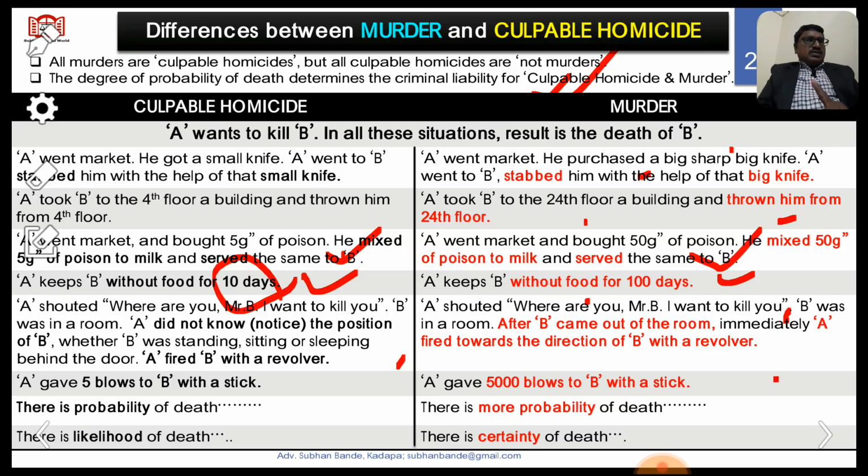If a person doesn't provide food to another person for 100 days, then there is a certainty of death of the other person. The other person certainly dies of starvation. At this point, the number of days Mr. A keeps Mr. B without food differentiates whether this amounts to culpable homicide or murder.